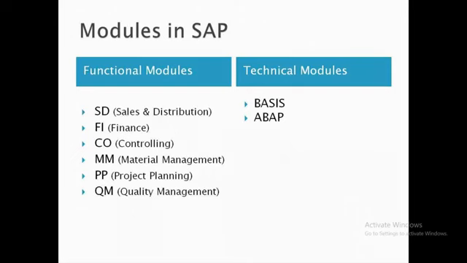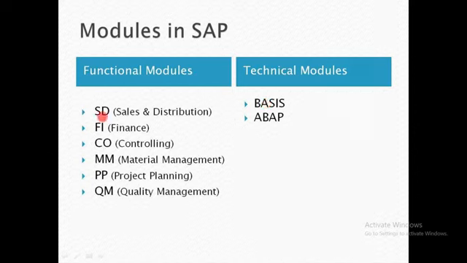Now, in SAP, we have two types of consultants: functional consultants and technical consultants. Functional consultants don't do coding, and we don't require knowledge of coding. You may have a doubt: if you want to learn SAP, do we require coding knowledge? No, coding is not required for functional consultants. SD comes under functional.